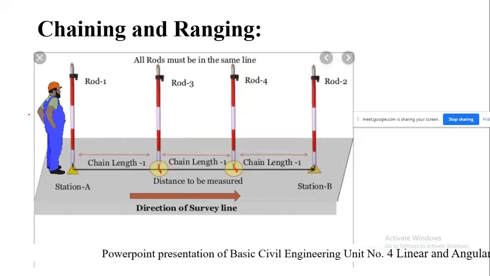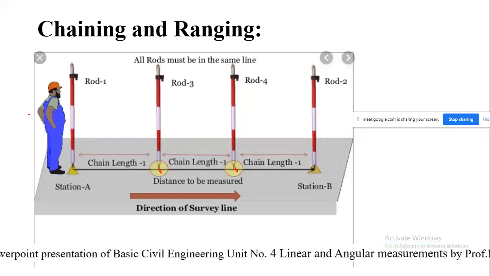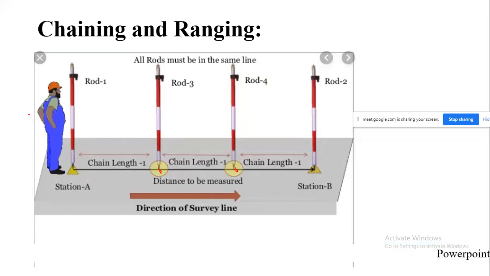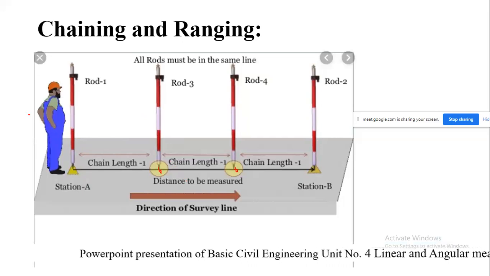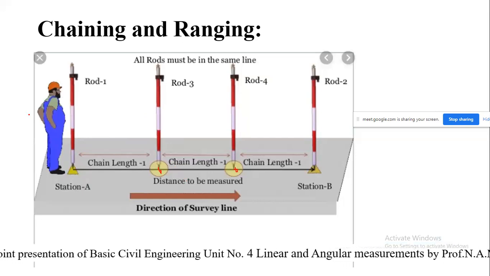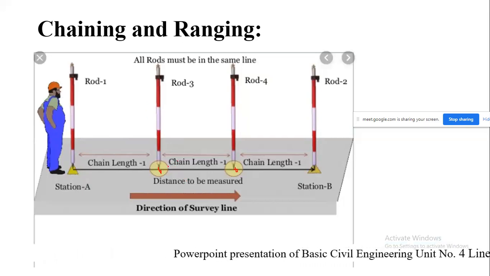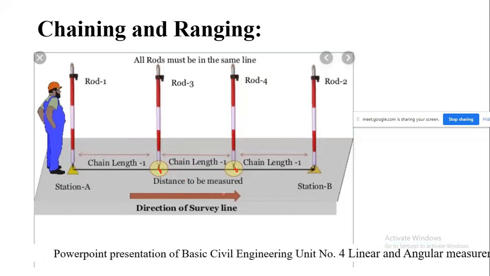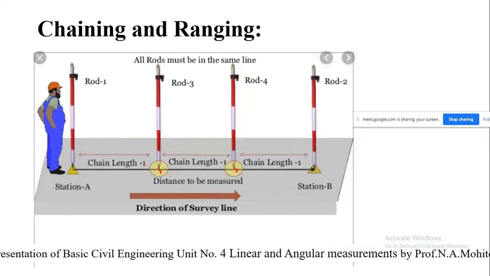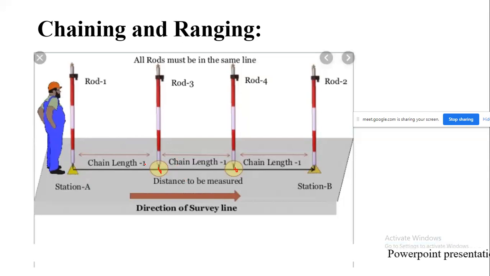Just like you might have seen traffic policemen handling signals to stop and move the other vehicles, likewise the same sign conventions we are going to use here. Suppose he is on the left hand side, I will use the right hand because he is to come to the center. Suppose he is on the right hand side and is supposed to come to the left, I will use the left hand.